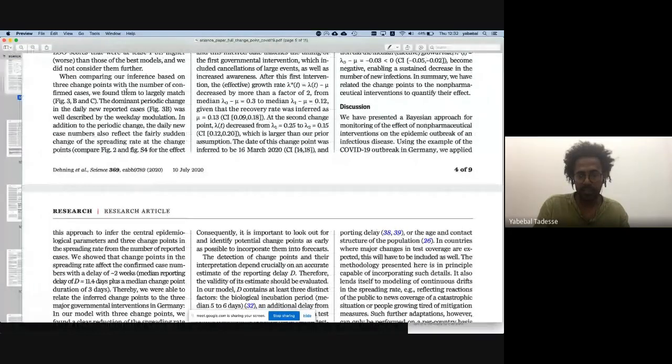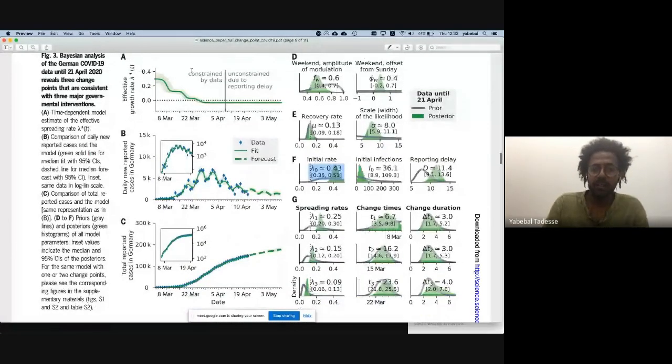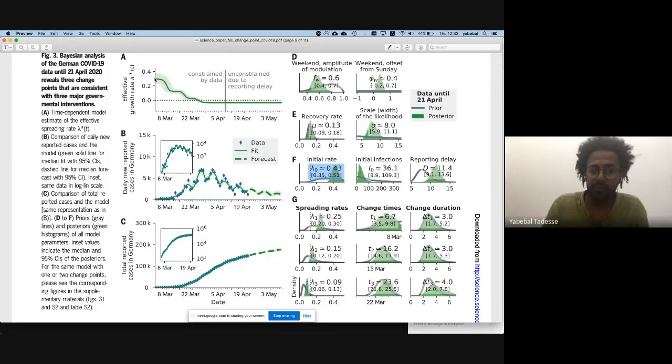So this is what is output from the model, and this happens because if you are plotting this, the dark green one is actually the mean.